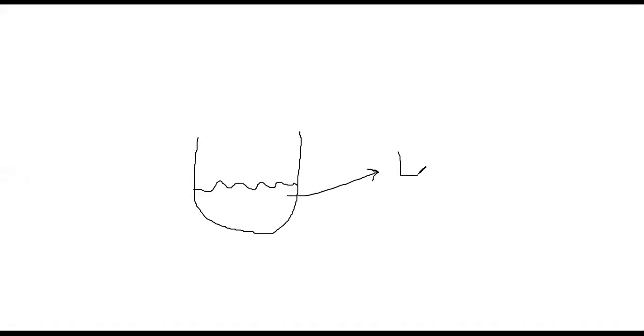In fact, let's suppose that it's water. With my poor drawing skills, we now have a beaker in front of us, which is filled with water.